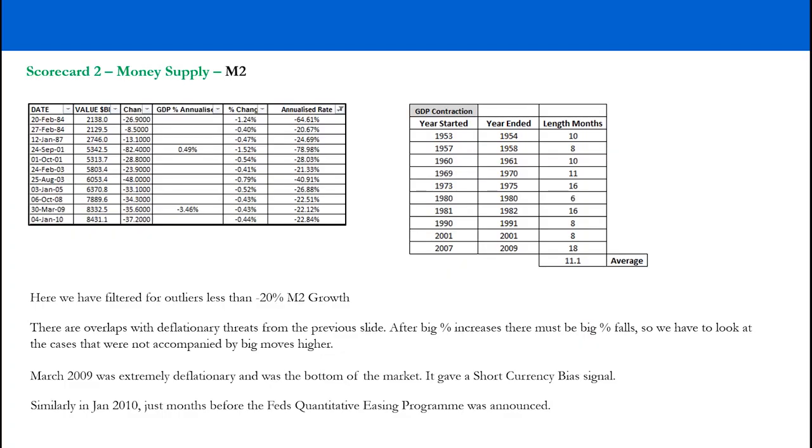And the other one was in January 2010, just months before the quantitative easing program was officially announced by the Federal Reserve.